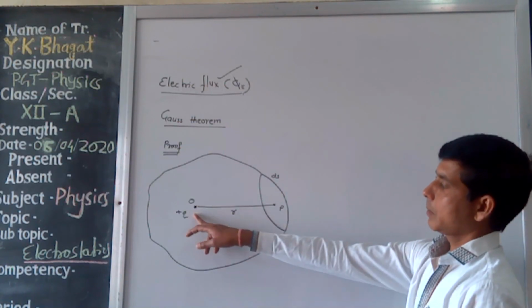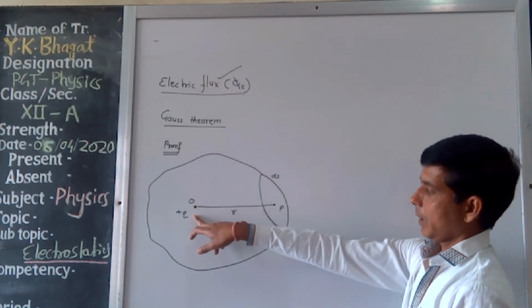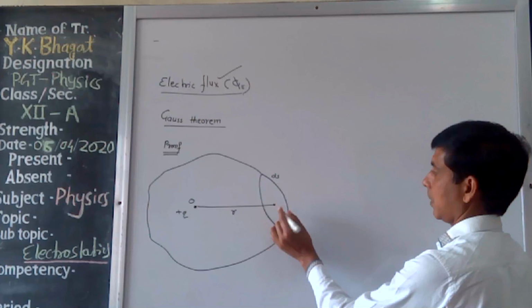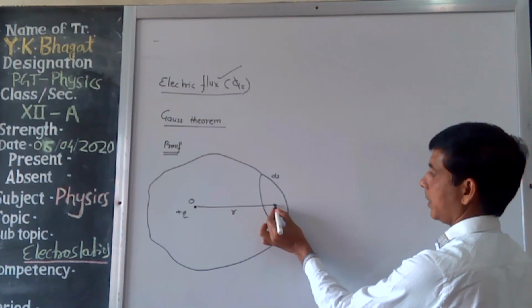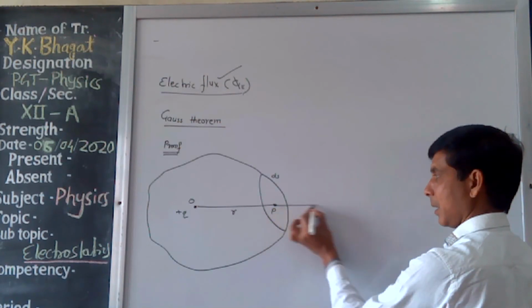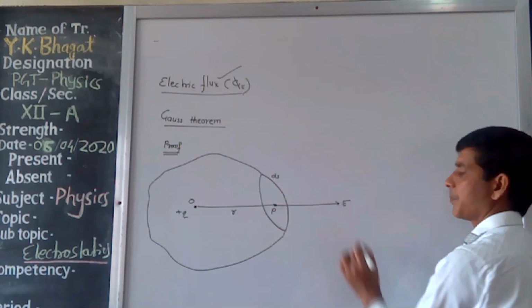Due to point charge plus q, the intensity at point P, which is denoted by E, is directed in this direction.